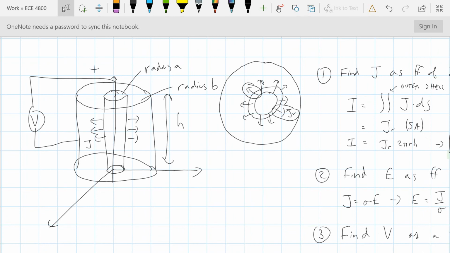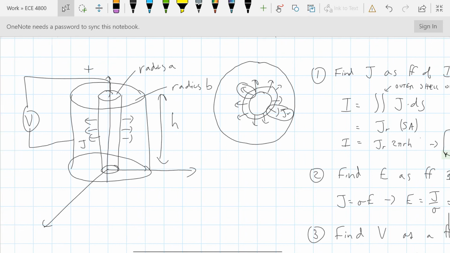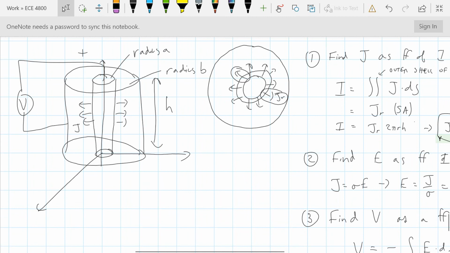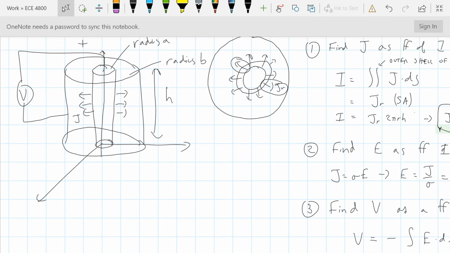So, in this problem, is the electric field going to be the same everywhere? If we look at the electric field at this radius here, this blue dot, is the electric field going to be the same as at the radius out here?